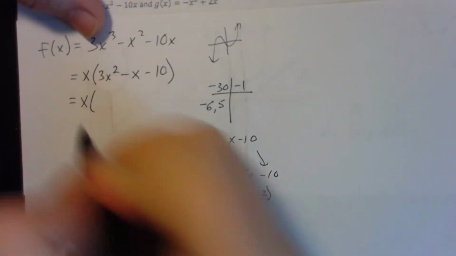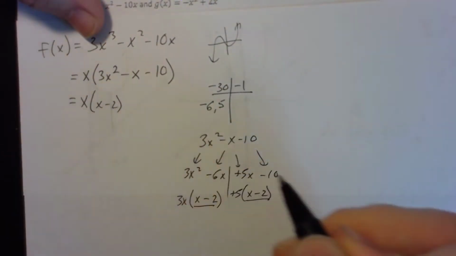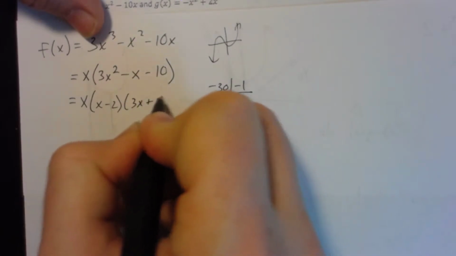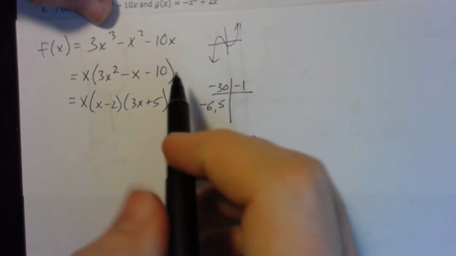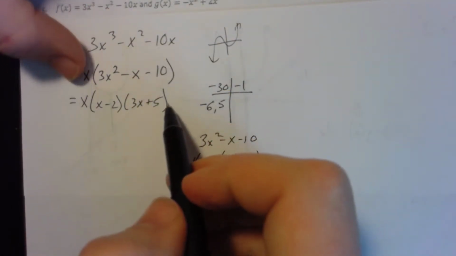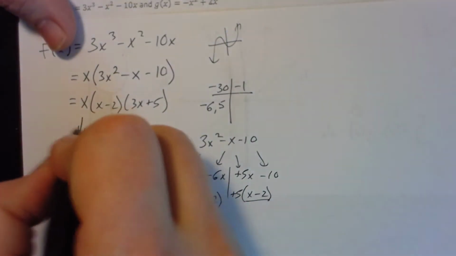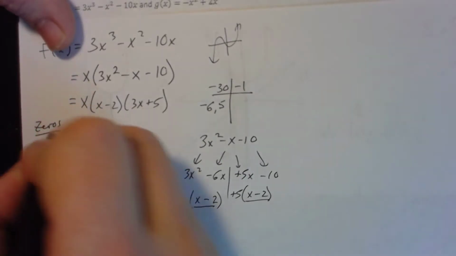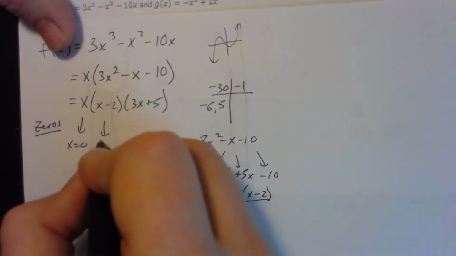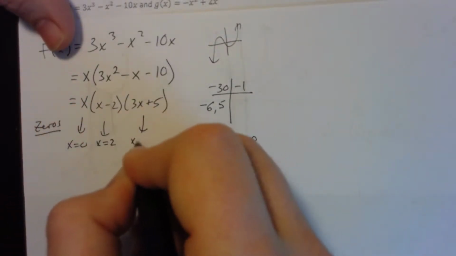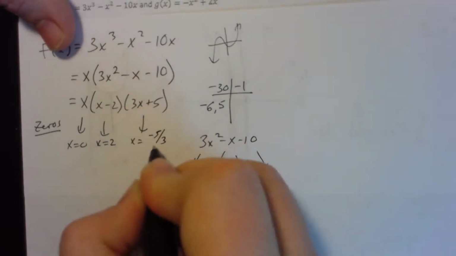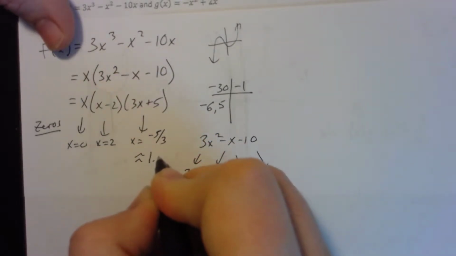I'm left with x minus 2 and 3x plus 5. Factoring this is only necessary for us to know what this graph is going to look like. So I know I'm going to have zeros of x equals 0, x equals 2, and x equals negative 5 over 3, which is approximately negative 1 and some change.